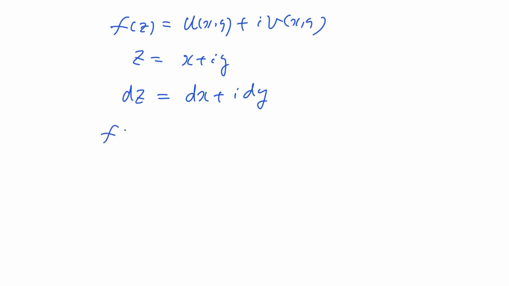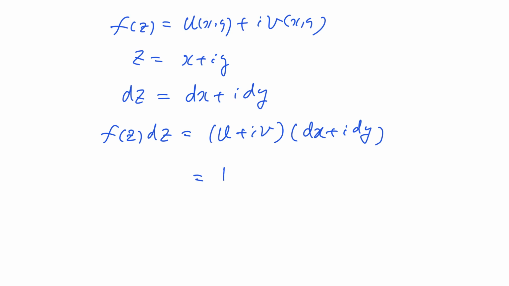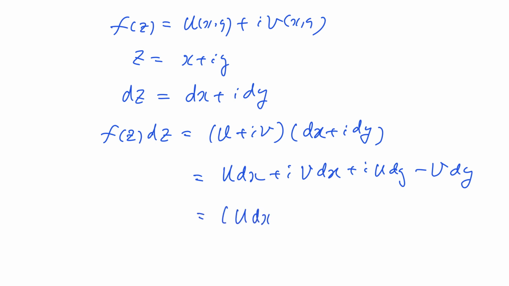So f(z) dz is u plus iv times dx plus i dy, which is u dx plus i v dx plus i u dy minus v dy. If you put the real part and imaginary part separately, then you have u dx minus v dy plus i times v dx plus u dy.